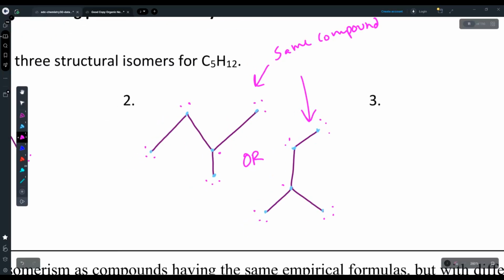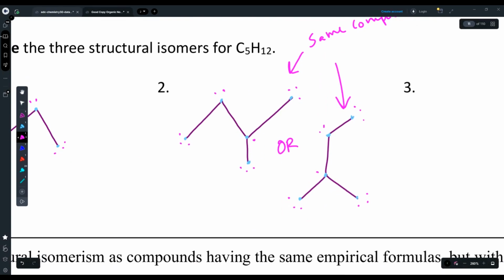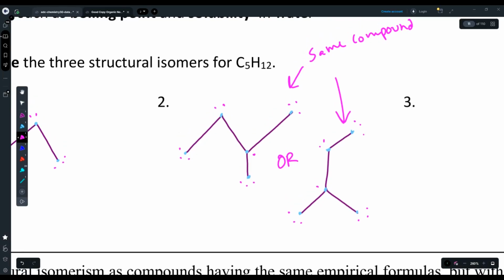Okay, and if you wanted to try your hand at, okay, what would be the name of this? Both of these, right, for naming them, remember we need to figure out our parent chain. So their parent chain would be here and here. So keep in mind these parent chains are in the same location, even though both of these compounds look different, they're still the exact same thing.